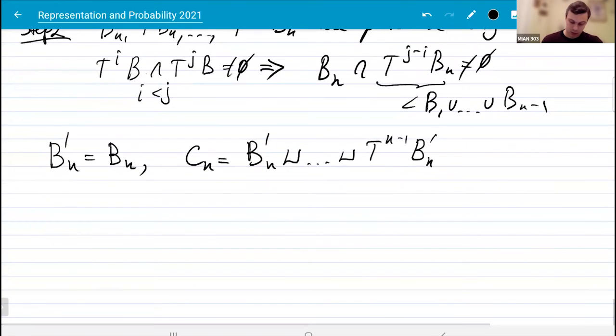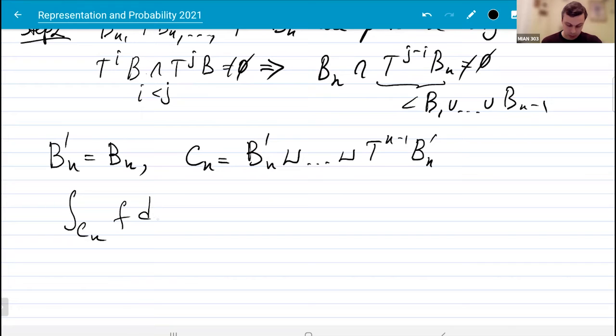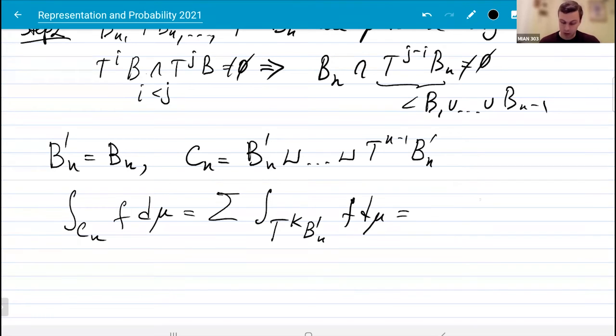Then it is clear that the integral over Cn of f d mu is a sum of the integrals over Tk B prime n of f d mu, and again we make a change of variables, and so this is from k equals 0 to n minus 1, and therefore we have the integral over B prime n of f.